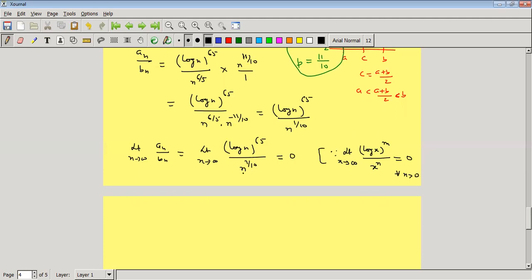So here n is 1/10, which is greater than 0. So we apply this result.